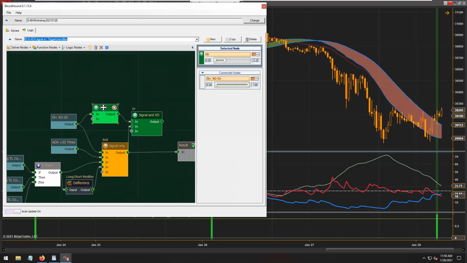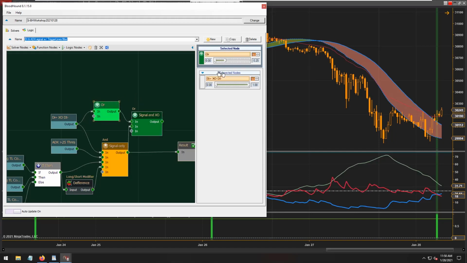And the reason why there's this extra OR node is, if you look at the top, right, when you select a node, this section on top is the slider for the one that's selected.